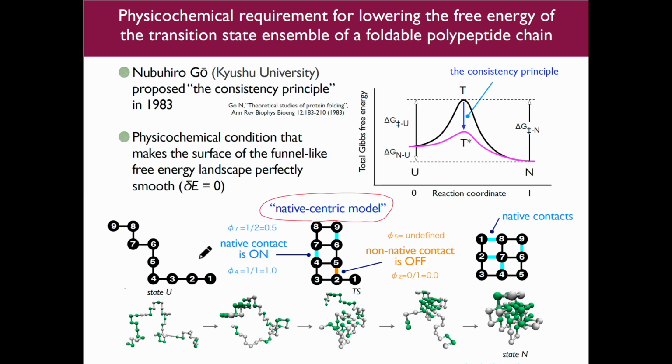So from any initial structure, the structure is foldable to only one target native structure. It's a bit eccentric, maybe you think, but this is a model. A physical model should be very simple.